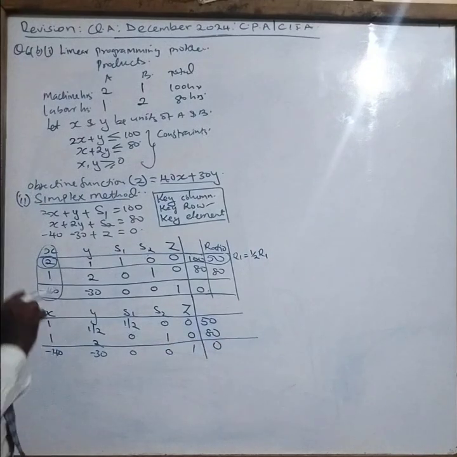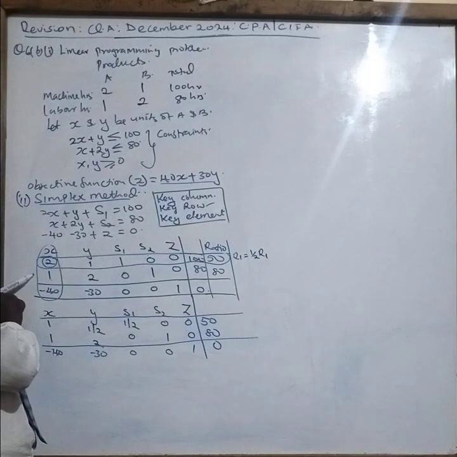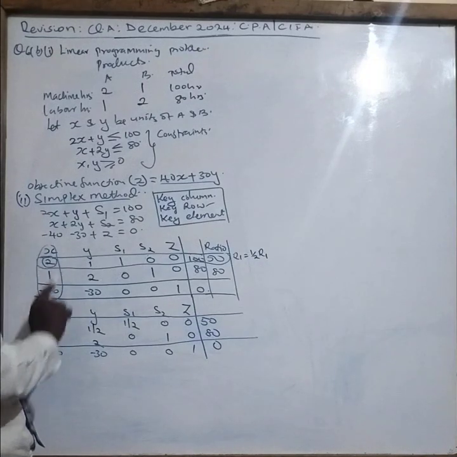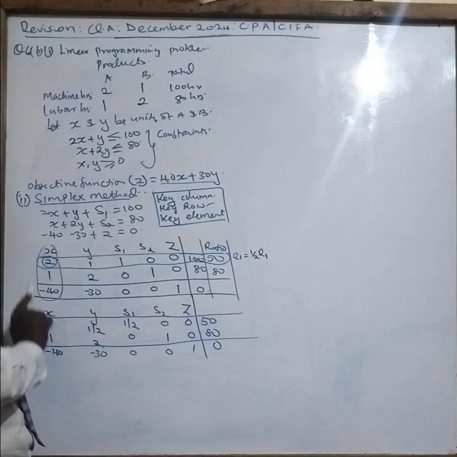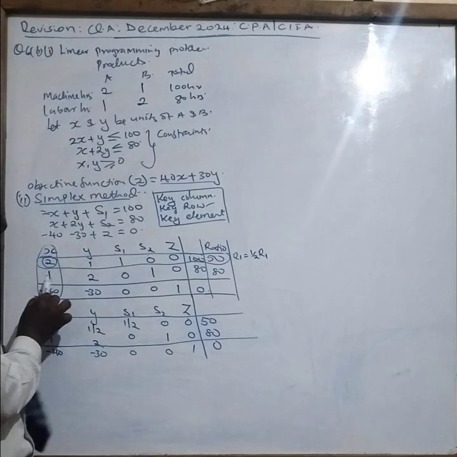Now class, the first row we have made it 1. Then the second, where we have the main column, we see this column here. We have made the first element 1, then the second element must be 0, and the third element must be 0. The question now here is, what am I supposed to do with this?